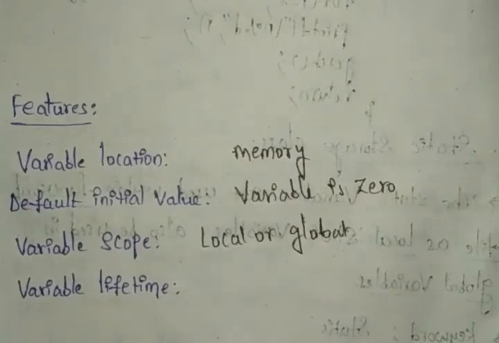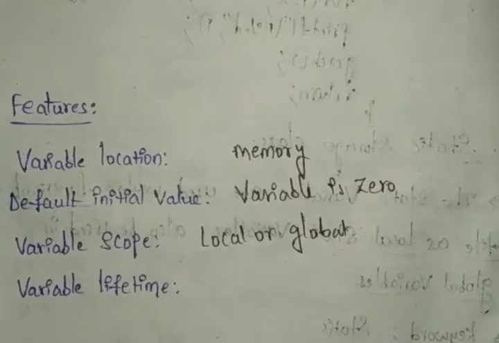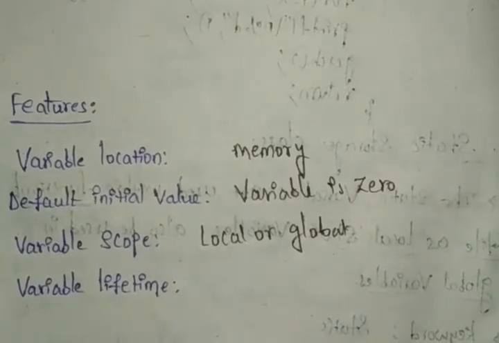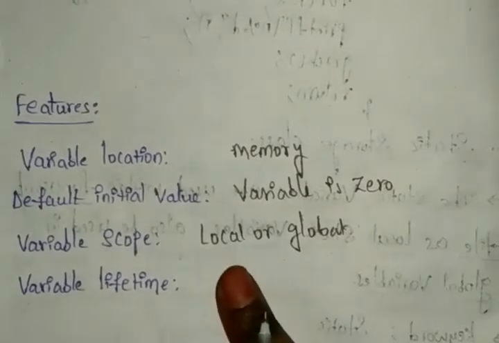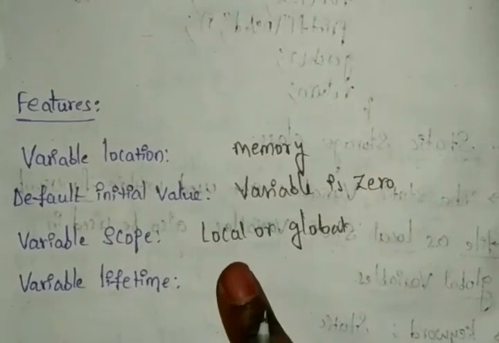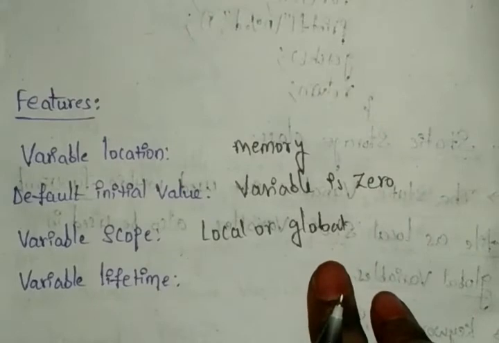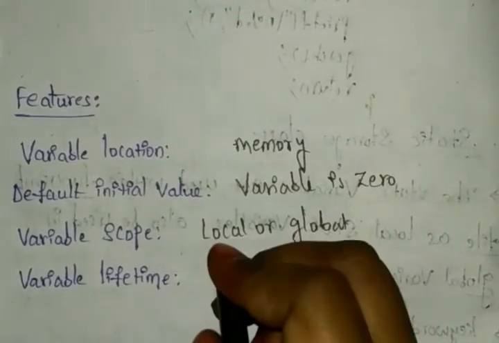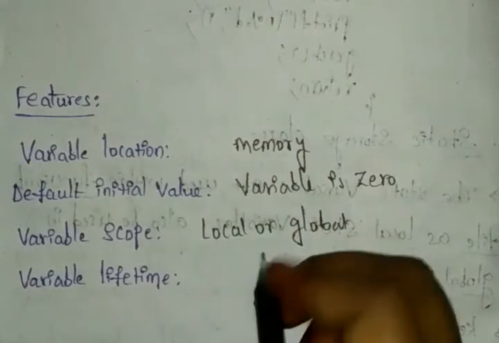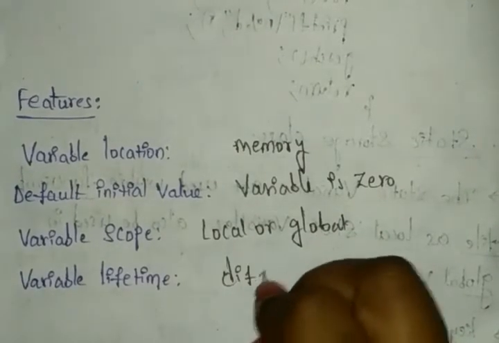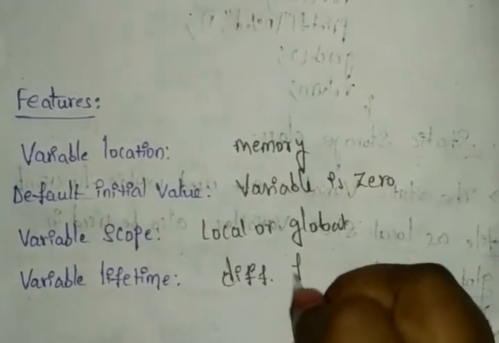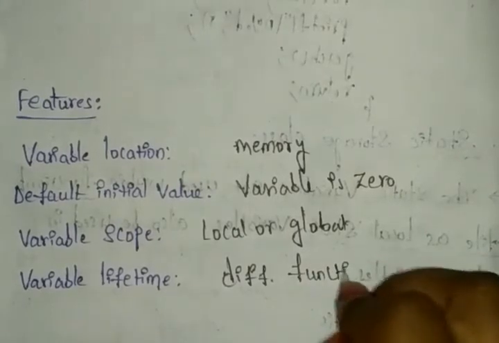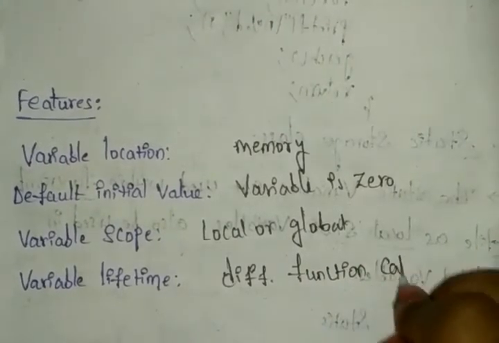The variable is active between different function calls. Why? Because if you declare it local, it exists inside the main function only, but if you declare it global, it can be called by another function also. For that case it is active between different function calls.